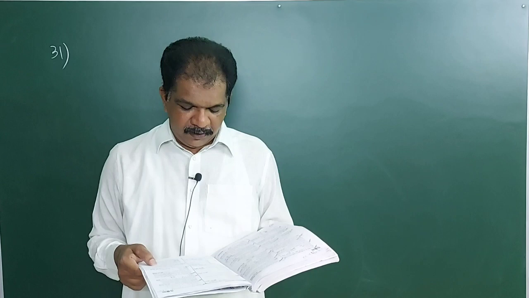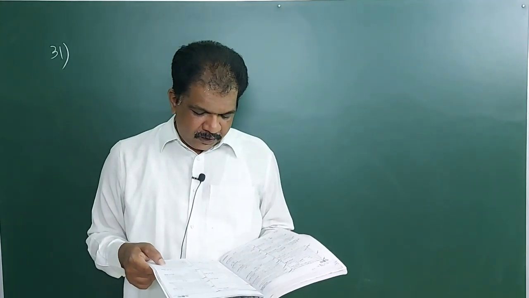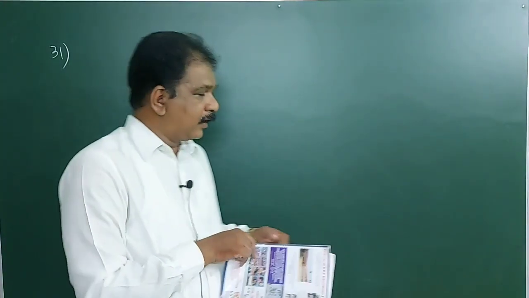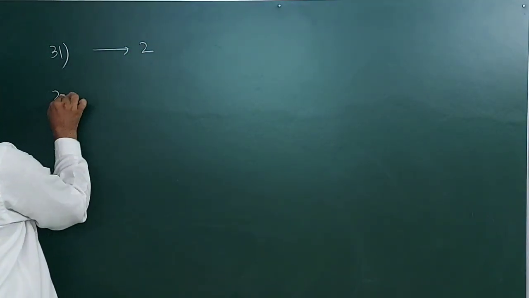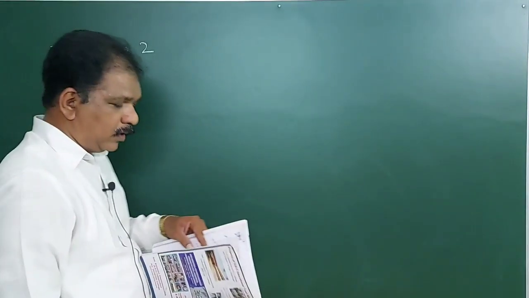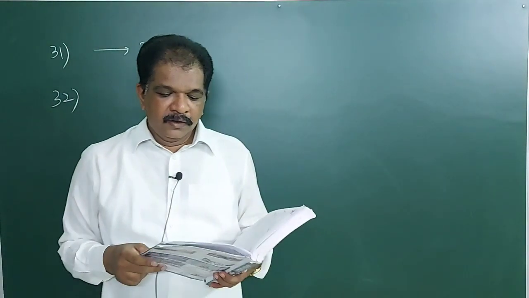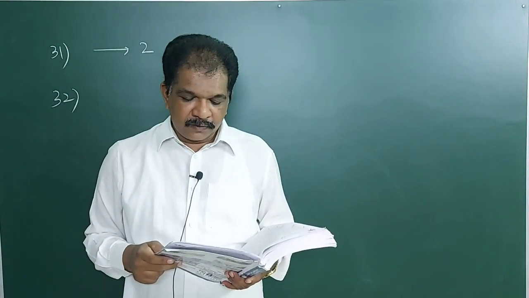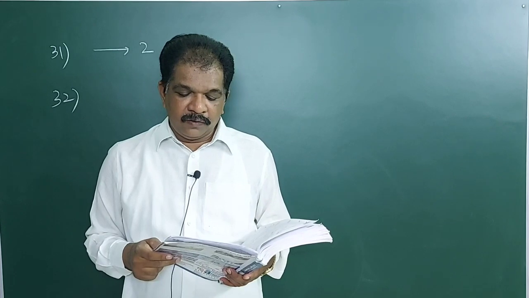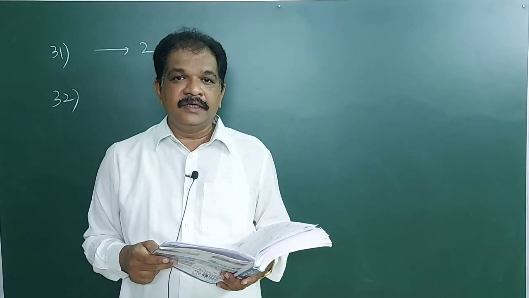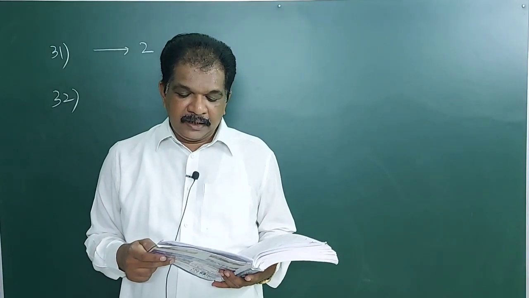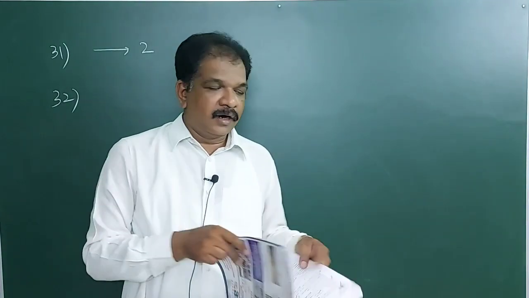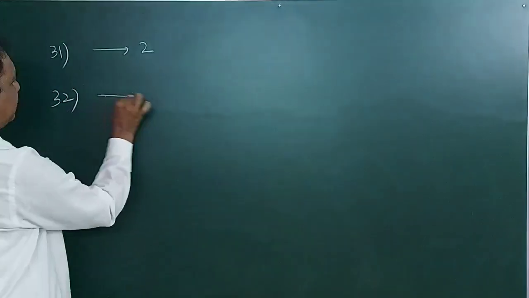Zener diode will be used as the voltage regulator. 31, it will be second option. 32, what are they asking, see: which of the following logic gates is an AND gate? Which gate will be AND gate? That is the question. Third option will be the answer for it.